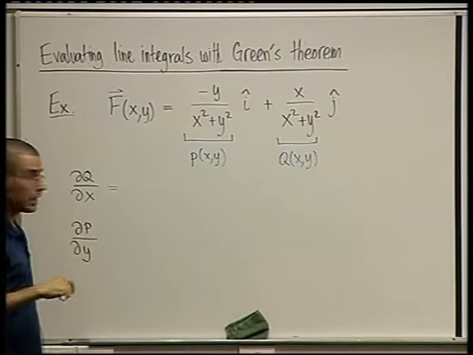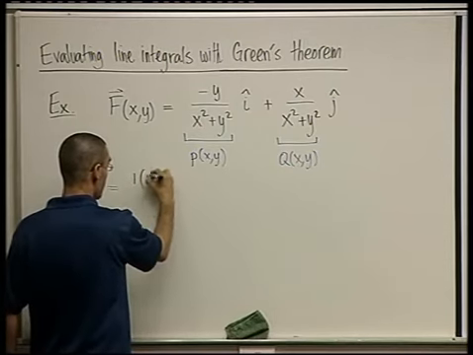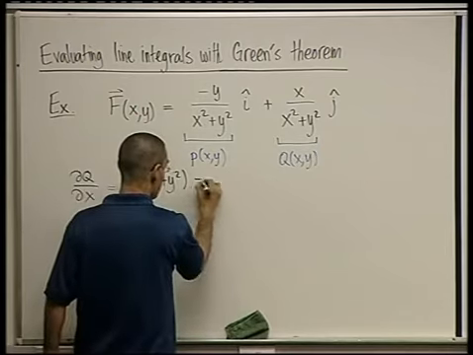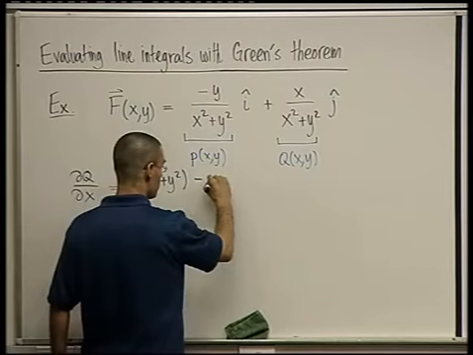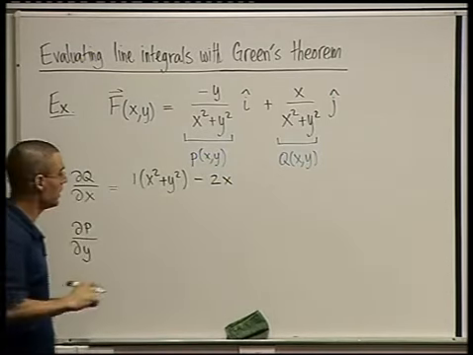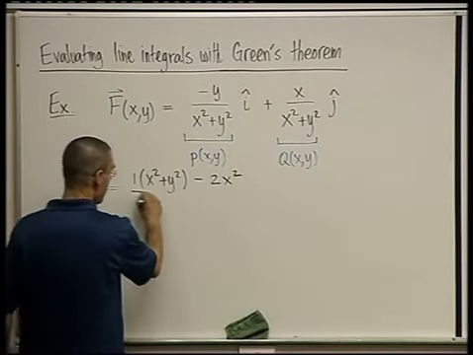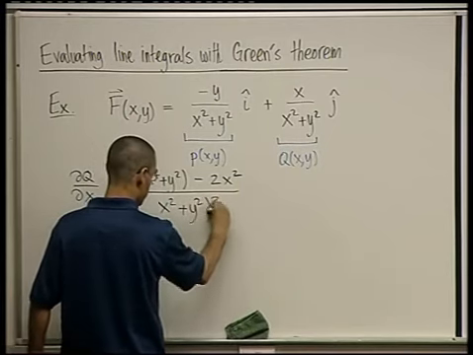Do you agree? So it's going to be the derivative of the top, which is 1, times the bottom, x squared plus y squared, minus the derivative of the bottom, which is 2x, right? y is just a constant now, times the top, so 2x squared, divided by the bottom squared.